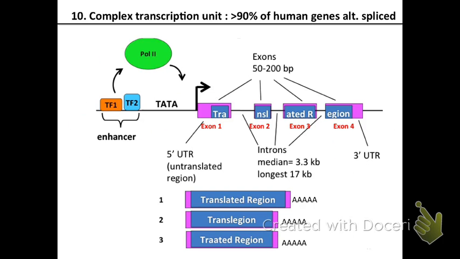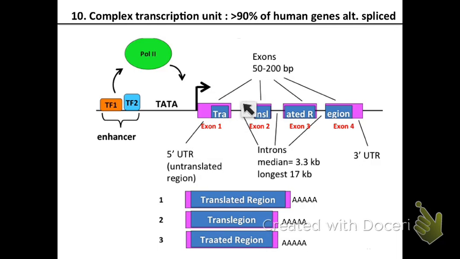In humans, we have more complex transcription units. That means we have lots of different exons, and we have introns in between them. We have the transcription start site and the translation start site, but the coding sequence is broken up into pieces. These are the exons that end up in the mature mRNA.